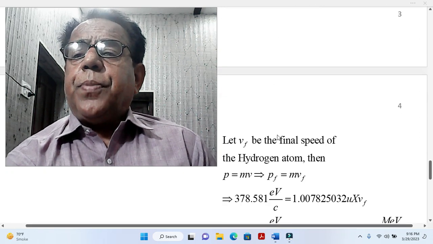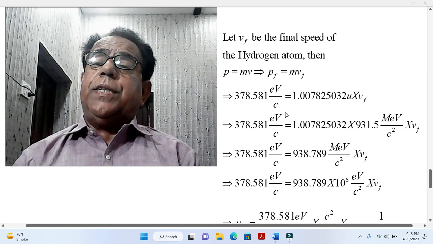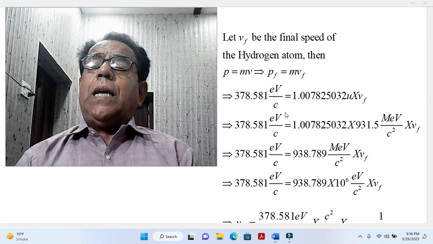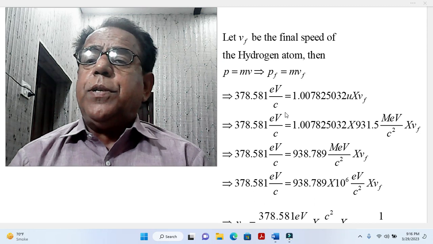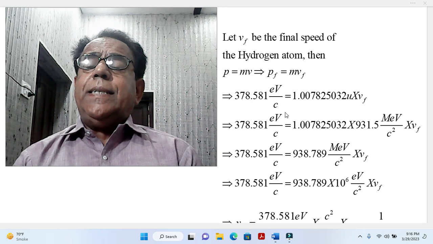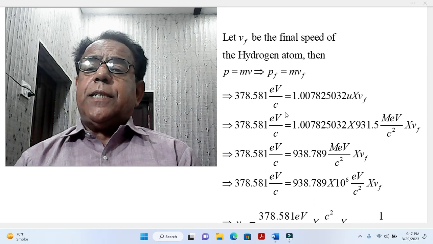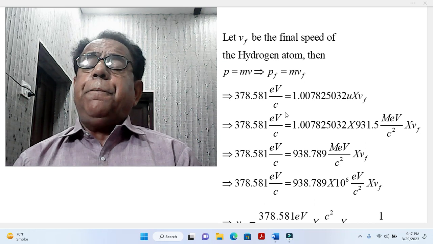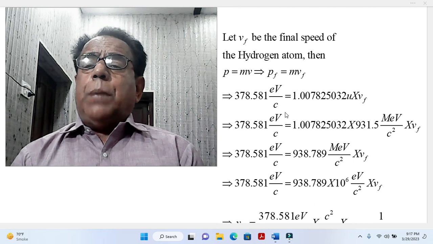Now let Vf be the final speed of the hydrogen atom. Let Vf, where f is written as a subscript of V, be the final speed of the hydrogen atom. Then according to the classical, non-relativistic expression, momentum is equal to mass into velocity. P is equal to mv.